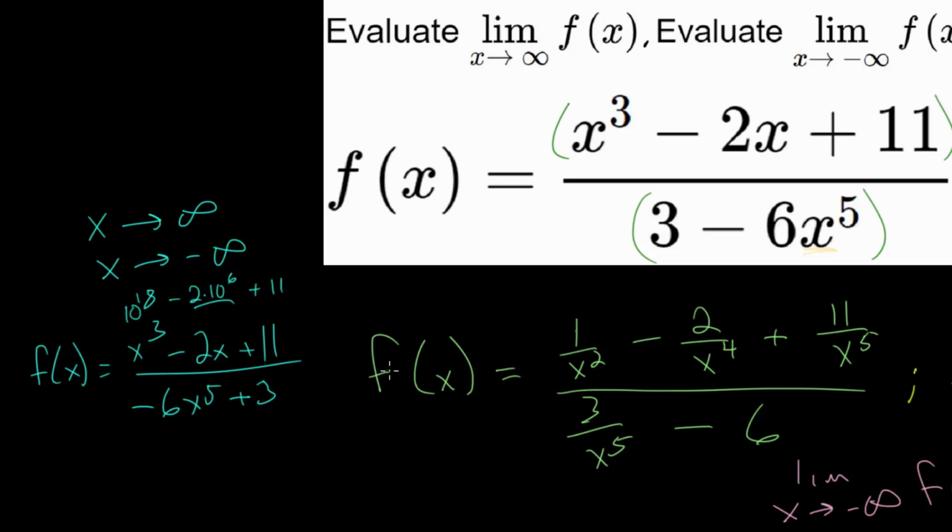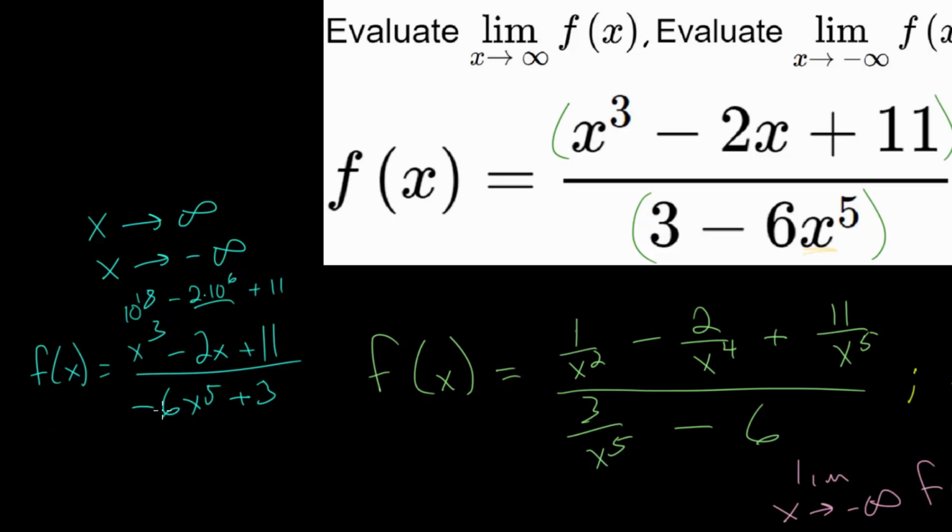It's essentially like subtracting 2 from a quadrillion. Subtracting 2 from a quadrillion is still basically a quadrillion. So in other words, as x gets bigger and bigger, these lower power terms matter less and less, and essentially the only thing that matters is this x to the third power, at least in the numerator.